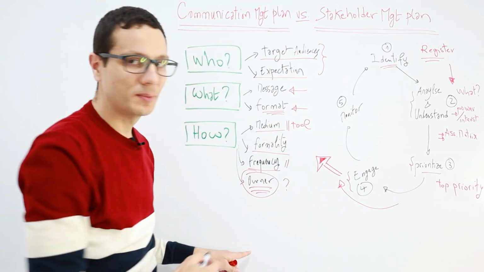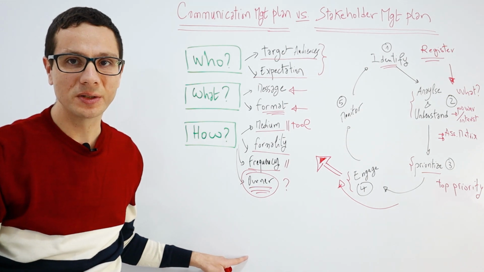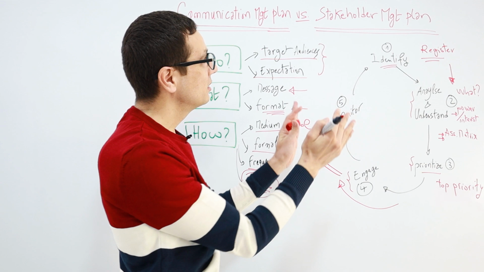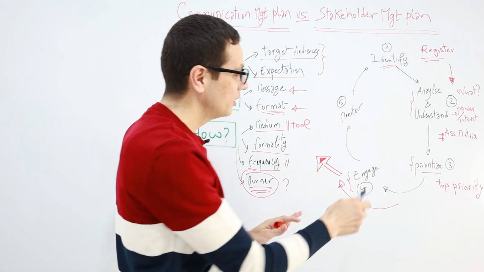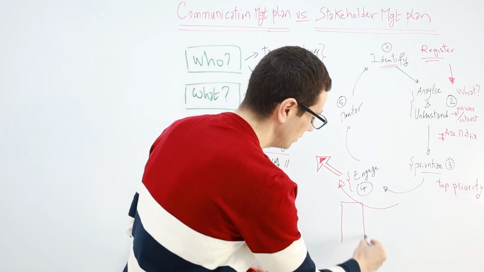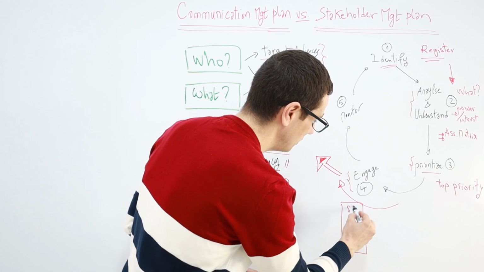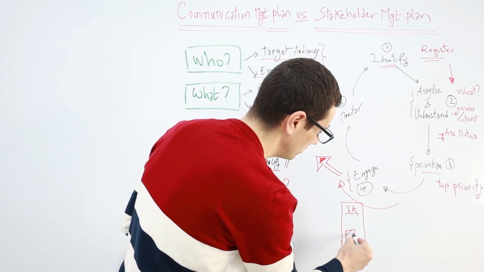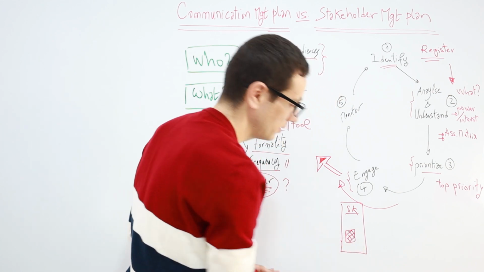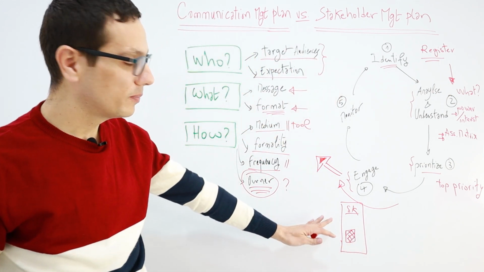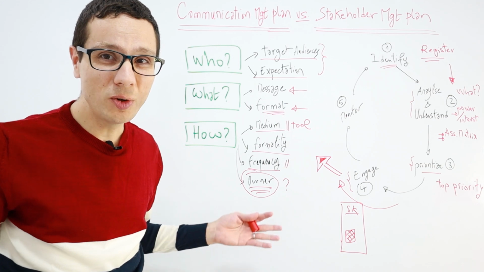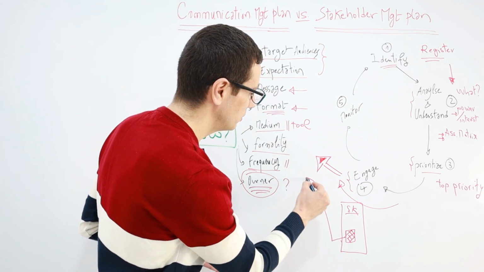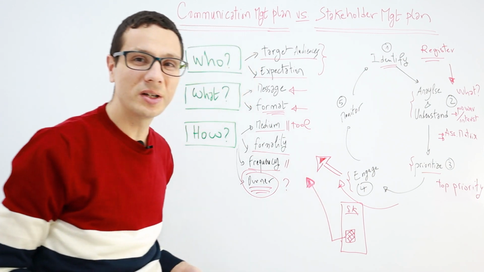These are the steps for engaging the stakeholders. So if it's a small project, in the stakeholder management plan, you should have a section here. This is the stakeholder management plan, and here a section for engagement. And that's it.